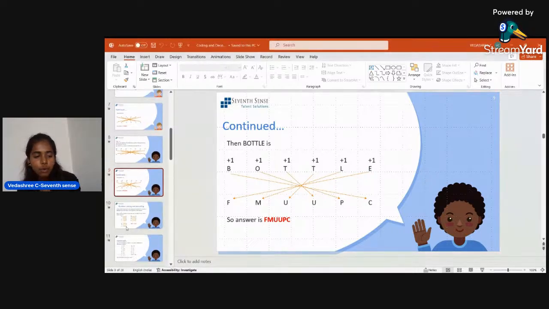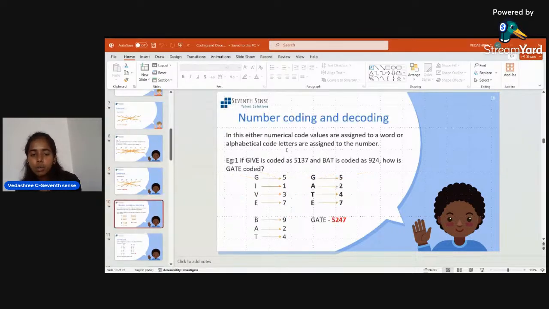That is number coding. Number coding is nothing but numerical code values are assigned to a word, or alphabetic code letters are assigned to numbers. So here some numbers are assigned to letters in a word. For example, if give is coded as 5137 and bat is coded as 924, how is get coded?